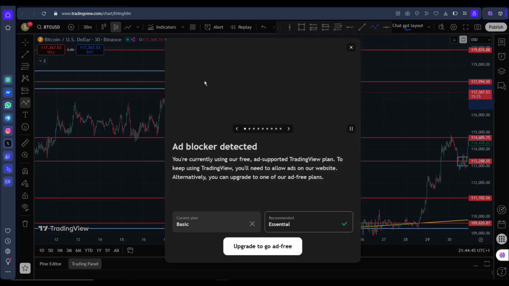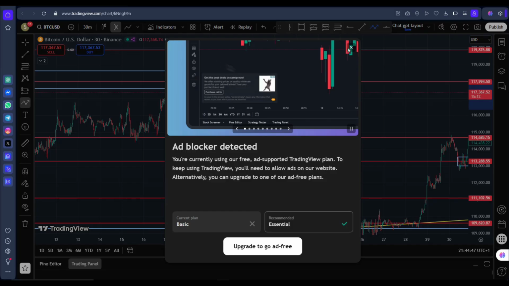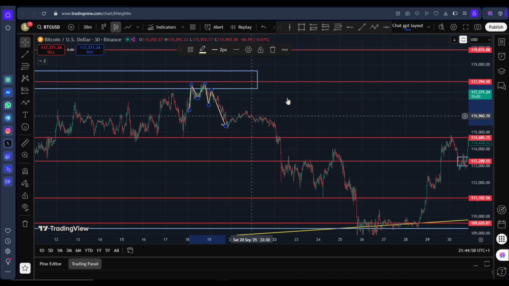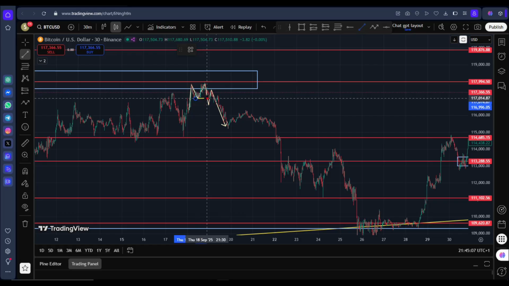You can see this break here, then it pulled back before moving. So on this pullback I entered, and the rest was history. So that's just the confirmation you need. You want that kind of structure shift in the direction that you are intending.